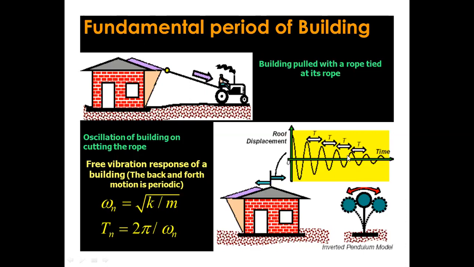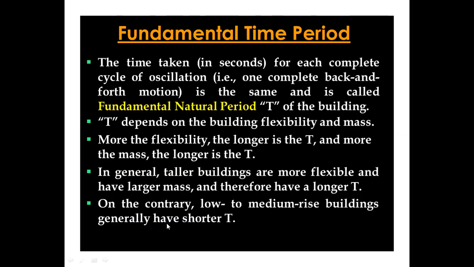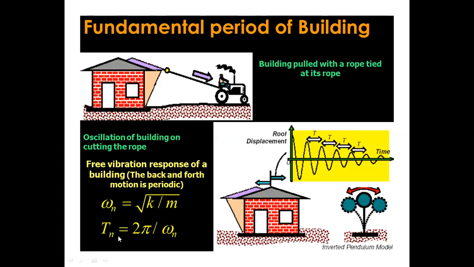So in the free vibration response of a building, the back and forth motion is periodic, so omega n is equal to square root of k divided by m, and Tn is equal to 2 pi divided by omega n. This is the fundamental period equation, Tn equals 2 pi divided by omega n, where omega n equals square root of k by m.